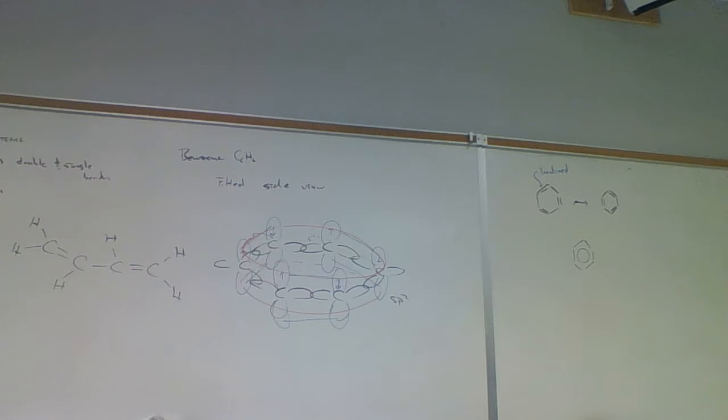Well, they're localized. I see a pi bond on the left end and a pi bond on the right end, and those are stuck there. But can I spread those pi electrons and delocalize them over the entire structure? Well, what's the hybridization here? sp2, sp2, sp2, sp2. They're all sp2.